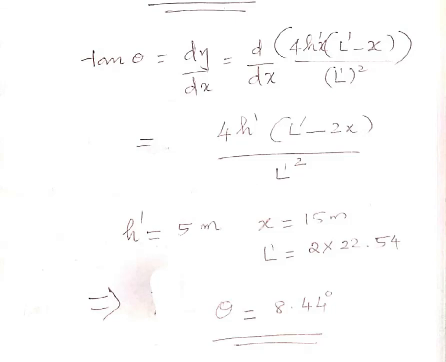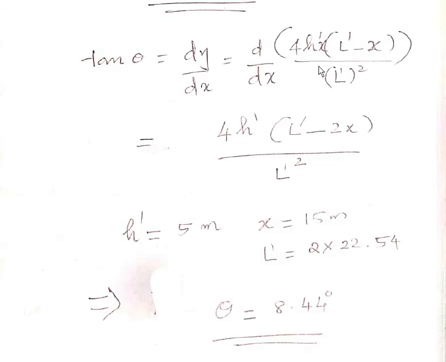So, as this is a parabolic arch, we know that tan theta is equal to dy by dx, like in the last problem. So we know the equation for y. Y is nothing but 4h dash x into L dash minus x divided by L dash square.